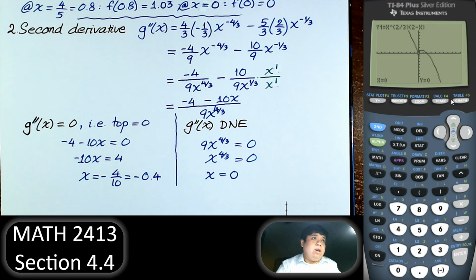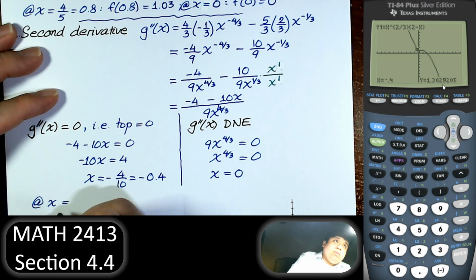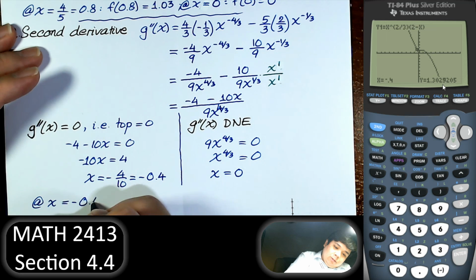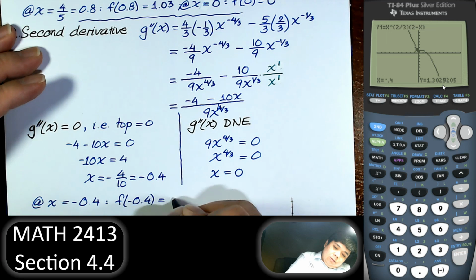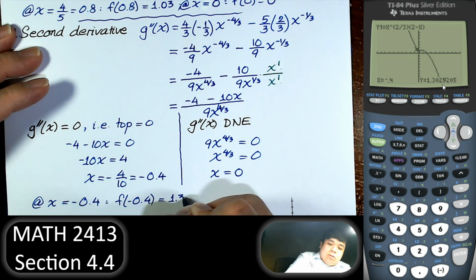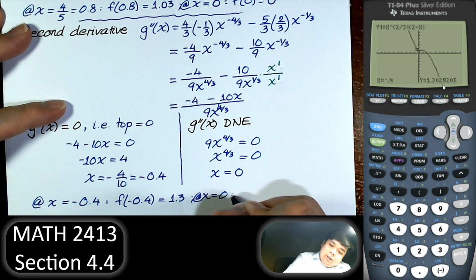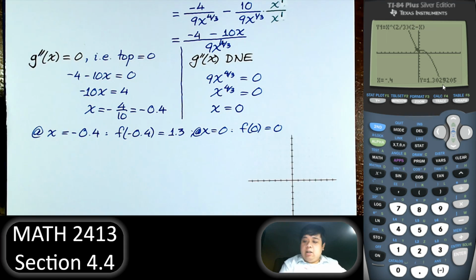So we have that function ready. At negative 0.4, it is 1.3. And we already did this at x equal to 0. The value of the function at 0 is 0. Now put all of that in a sign chart.